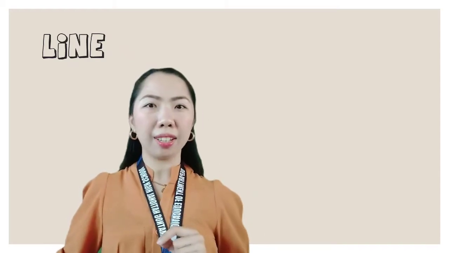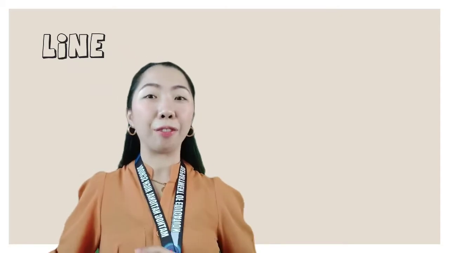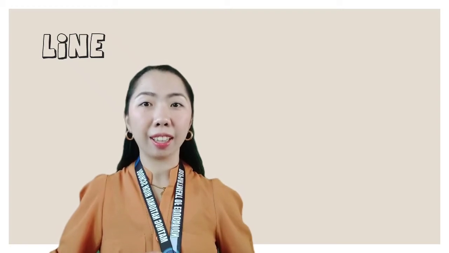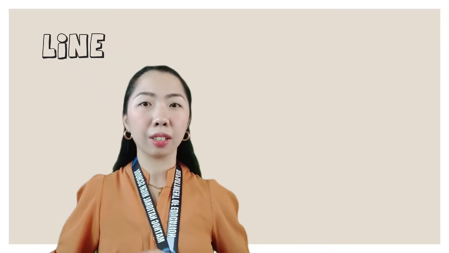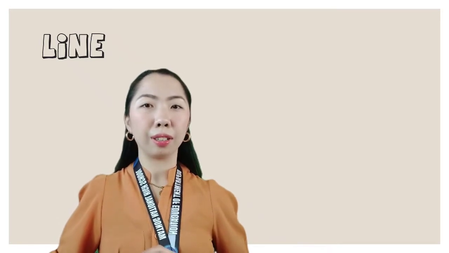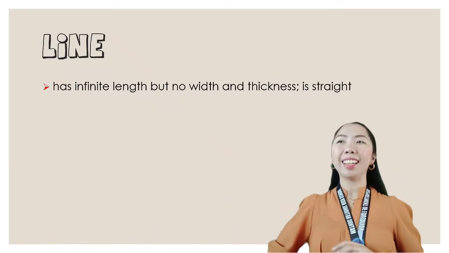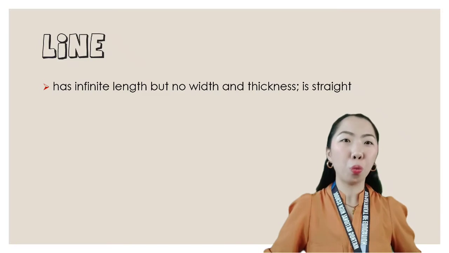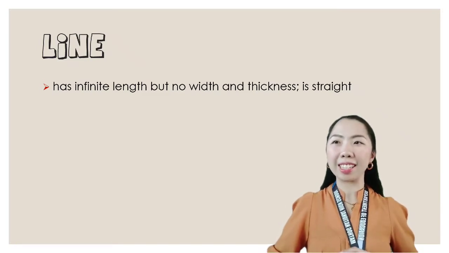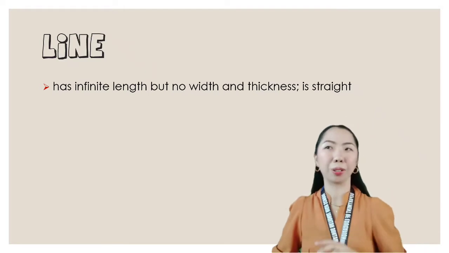Does it have width? Does it have length? Yes. How about thickness? Okay, so line is or has infinite length but no width or thickness. It is straight, just like what you said a while ago.